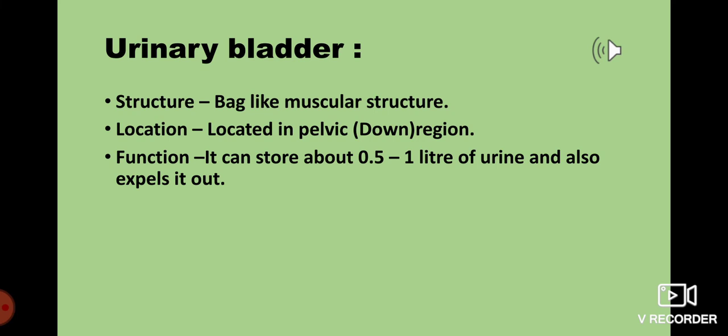Function: it helps as a reservoir for urine. That means it stores the urine for some time in the body, and when you feel like urinating, then you expel the urine out from the body through the urethra. It can store up to 0.5 to 1 liter of urine. It has the capacity to store that much urine in the bladder.